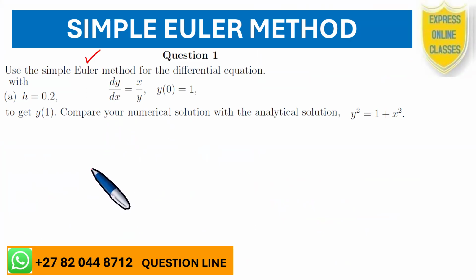Okay, we've learned Taylor, and we've spent time on Taylor. We've done a wide range of problems, but need to understand that Taylor of order 1 is called the simple Euler.